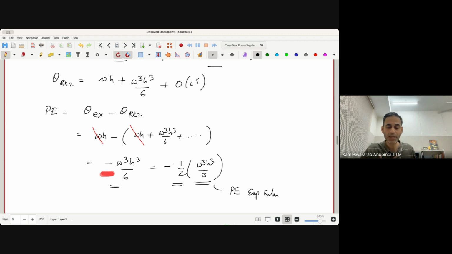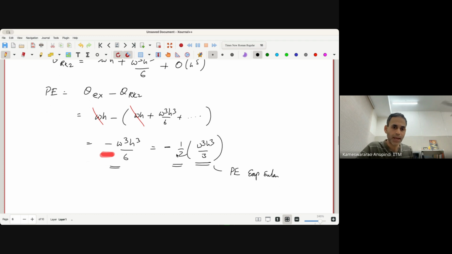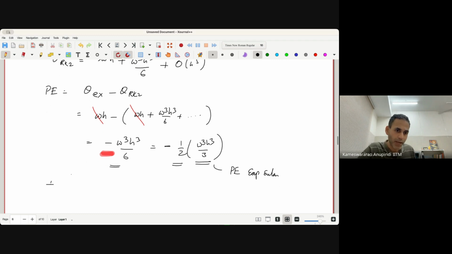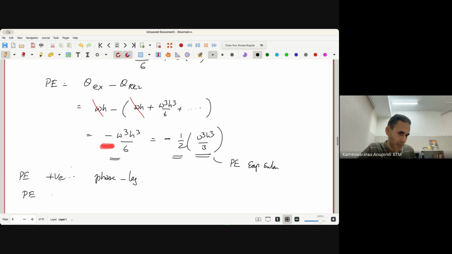Earlier we said that explicit Euler, implicit Euler and the trapezoidal method, these three methods, had some omega cube h cube by some factor. But they always had a plus value, where we said they had a phase lag, right? So when we had a positive value for the phase error, we said these methods are phase lag methods, whereas when the phase error is negative, then we say that this particular method has a phase lead.